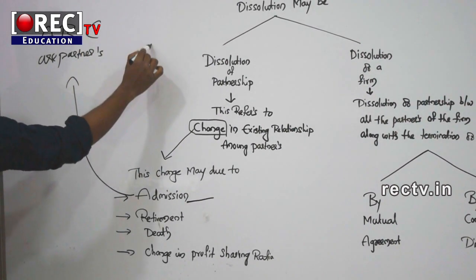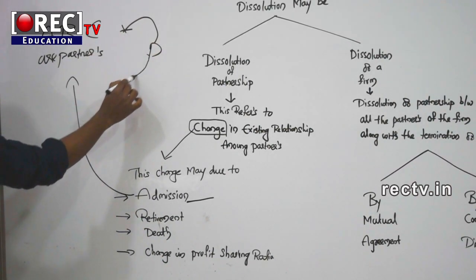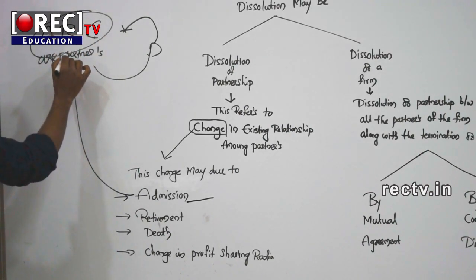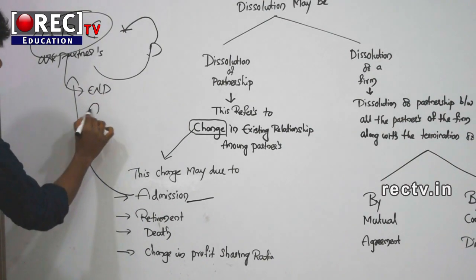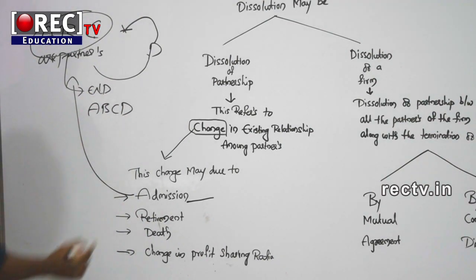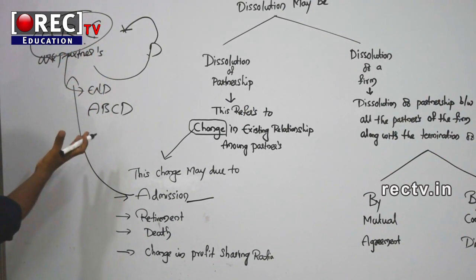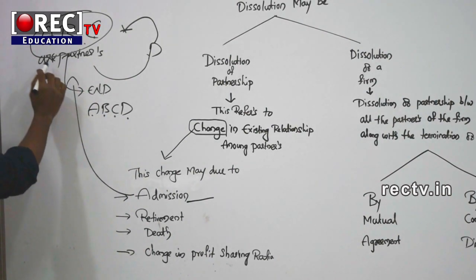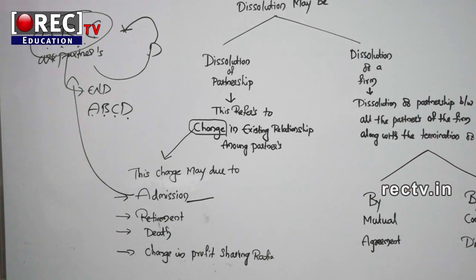Meanwhile D comes into the partnership firm, so it is an admission among A, B, C. Now this relationship is going to end and the new relationship is going to start, that is A, B, C and D. So there is a dissolution between A, B, C and a new relationship arises among A, B, C and D. So this is the dissolution of partnership.